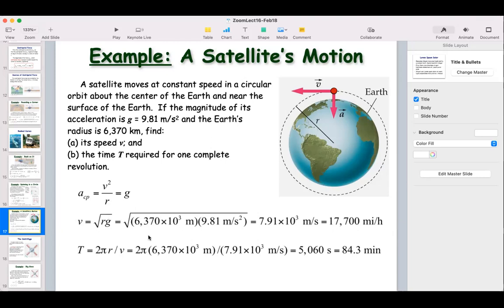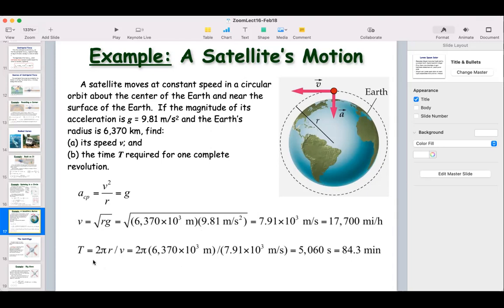So if I substitute the information that I have here, I change this from kilometers to meters. This is the acceleration. I found that this is the velocity in meters per second. Here you change it to miles per hour, but it's fine. You just need to keep meters per second.